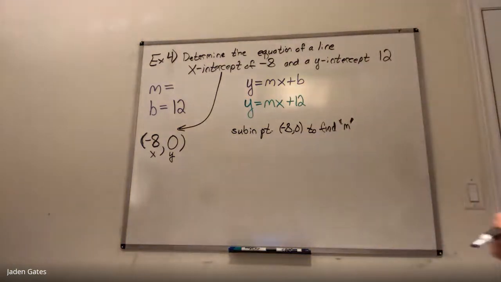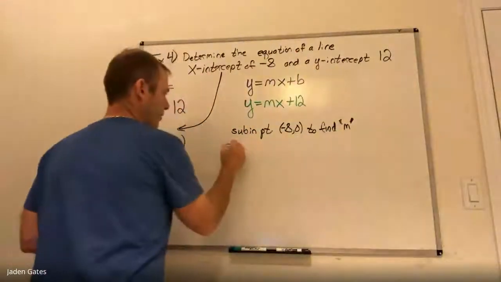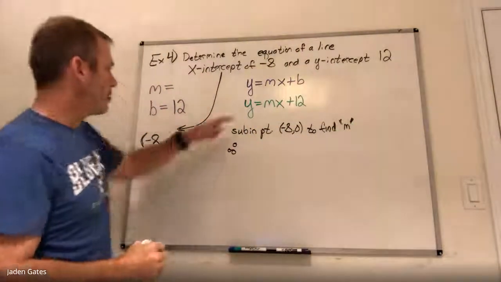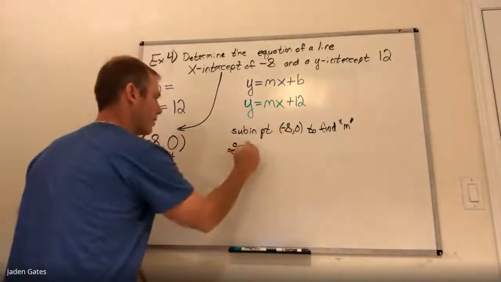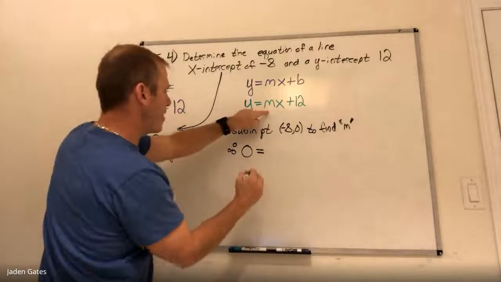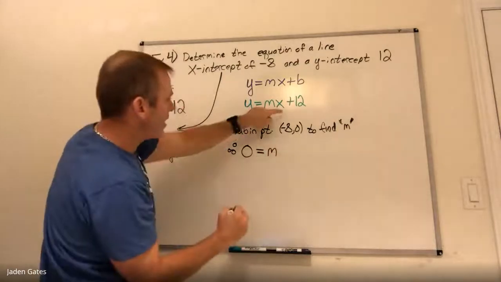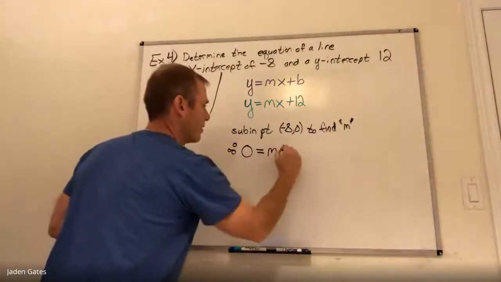All right, so here we go. Therefore, here's the updated equation. A y value, 0, is equal to m times x, and x is -8.